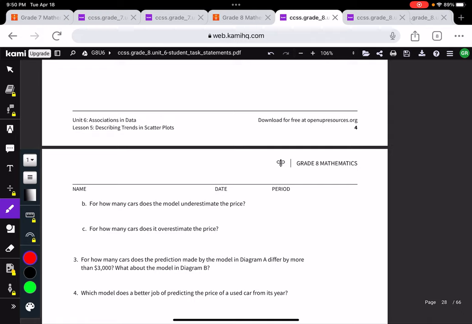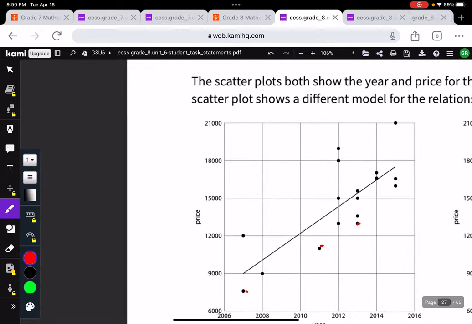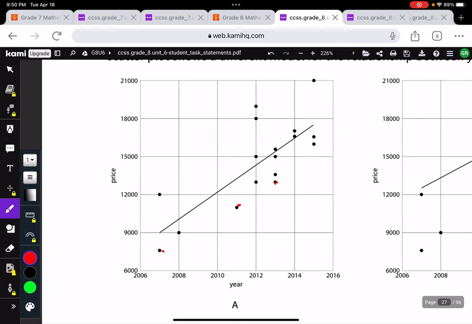Question 3 says, for how many cars does the prediction made by the model in diagram A differ by more than $3,000? So we've got to look at all of these.